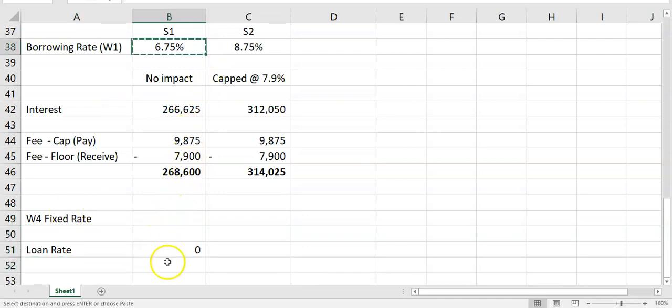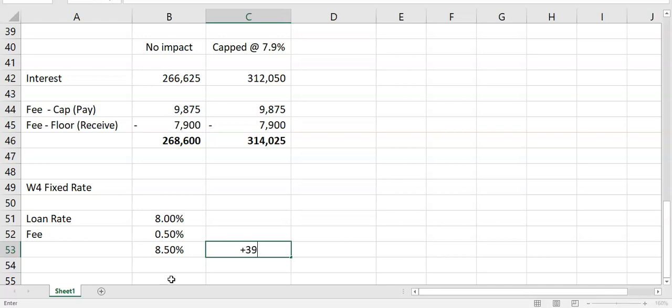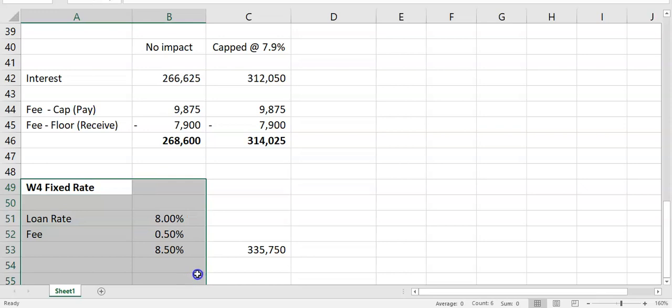Just tidy that up. And the fee, which is 0.5%. So the total rate there is 8.5%. And if you convert it to money by multiplying by the loan amount, you get 335,750. So that's a relatively straightforward option again.